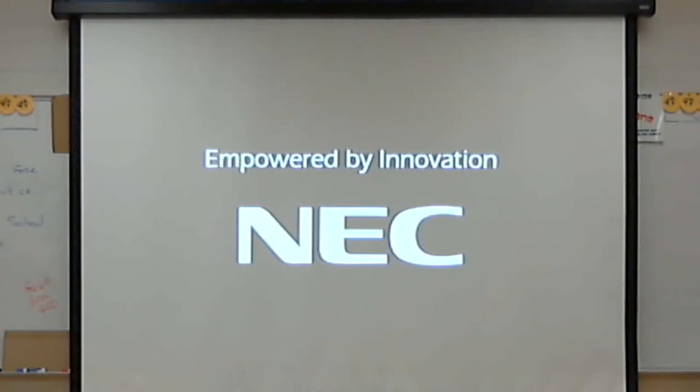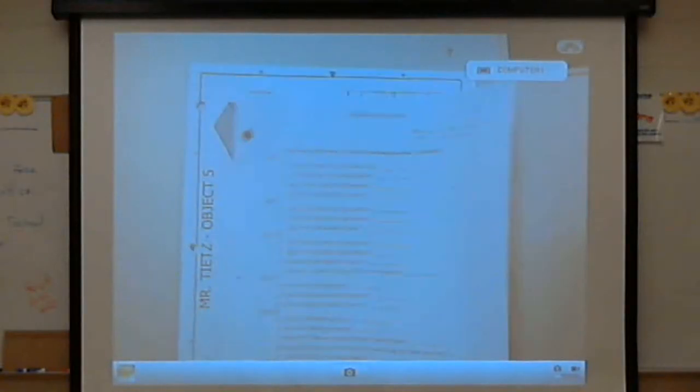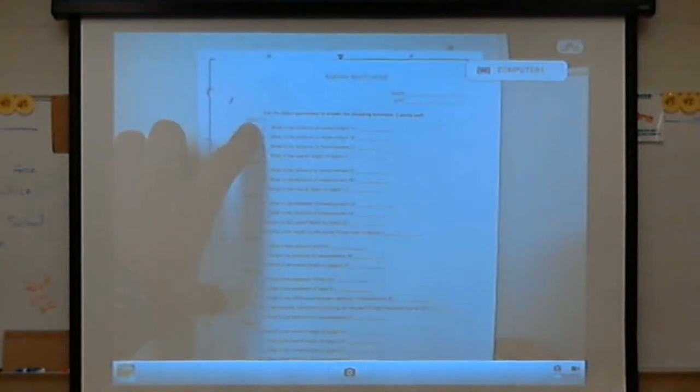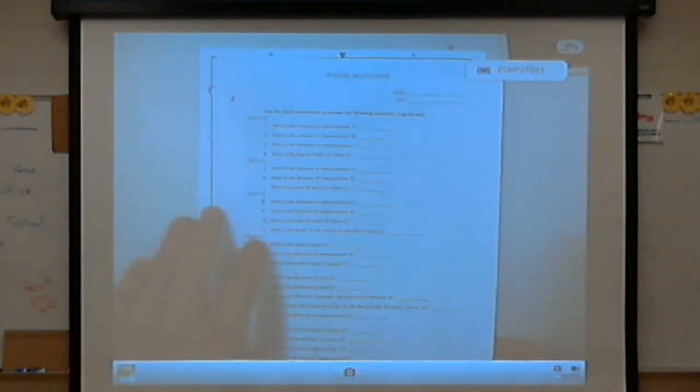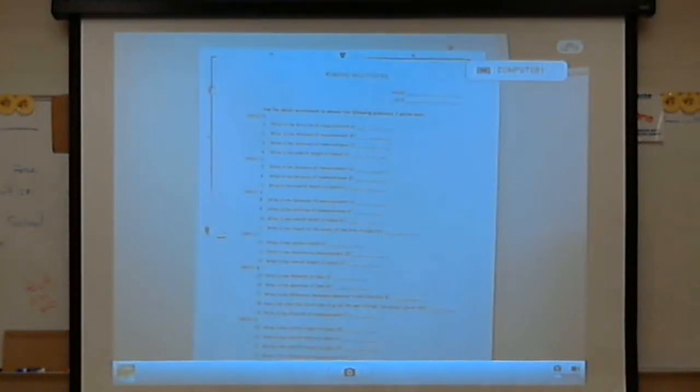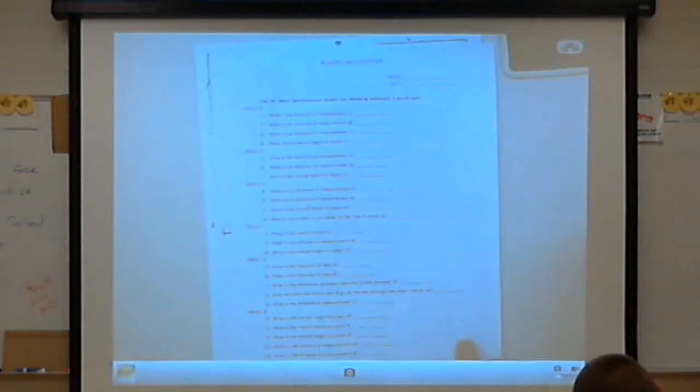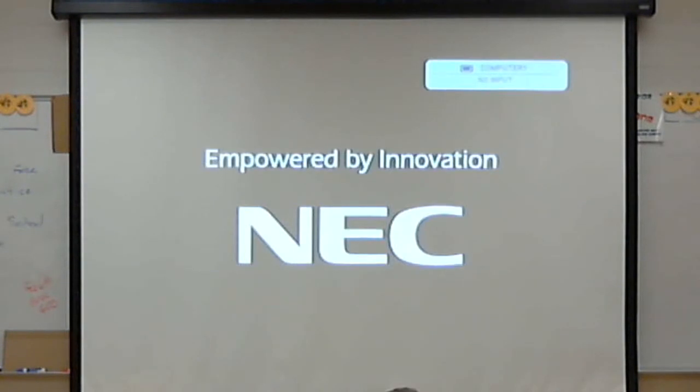If you look at the worksheet with all the questions on there, it says object number 5. The reason why it's out of order, like it goes object 5, object 2, object 6, is that if you look at the objects themselves, it's based on ease.